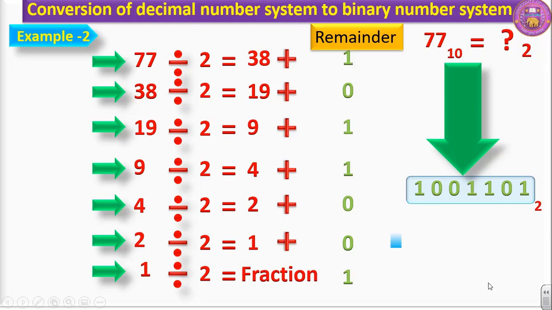Student, you must remember that in this particular case we move from the bottom and we write from the bottom side. Now the binary equivalent of 77 is 1001101. But we would like to have a verification of this, whether this binary number is correct or not.